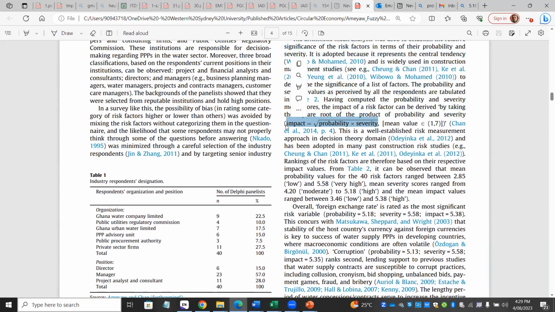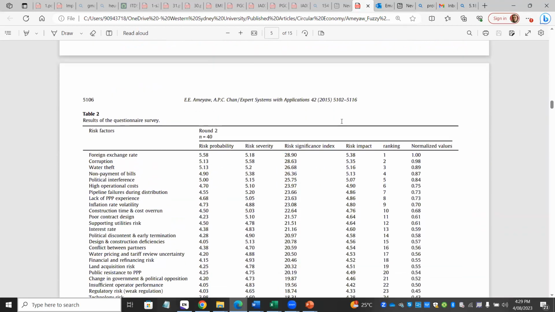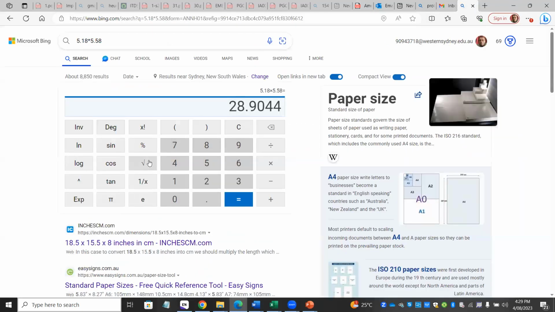The risk impact or the risk score is the probability times the severity, which gives the risk significance index, and then you find the square root of that. So the square root of this will give us this. Let's see. Let's click on square root. Oh no. Okay, we'll go back.